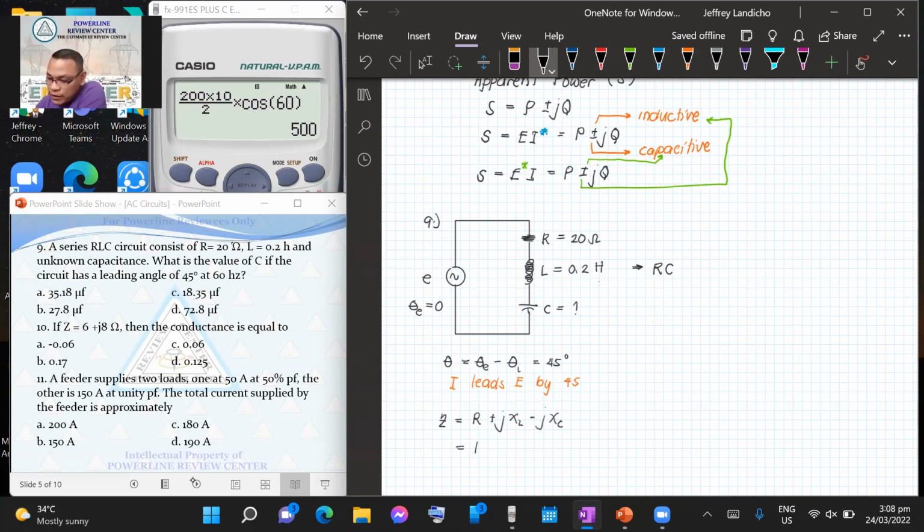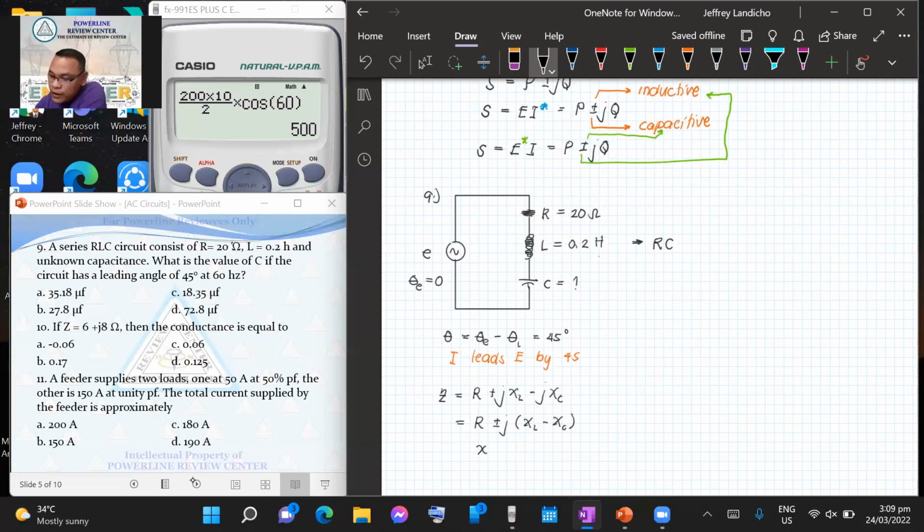When simplified, you have R plus j, let us say, X of L minus X of C, and let us consider that X is equal to X of L minus X of C, so you have a positive and a negative sign. So when the net reactance is positive, its behavior is like an RL: lagging, more inductive. When the result is negative, its behavior is like an RC.